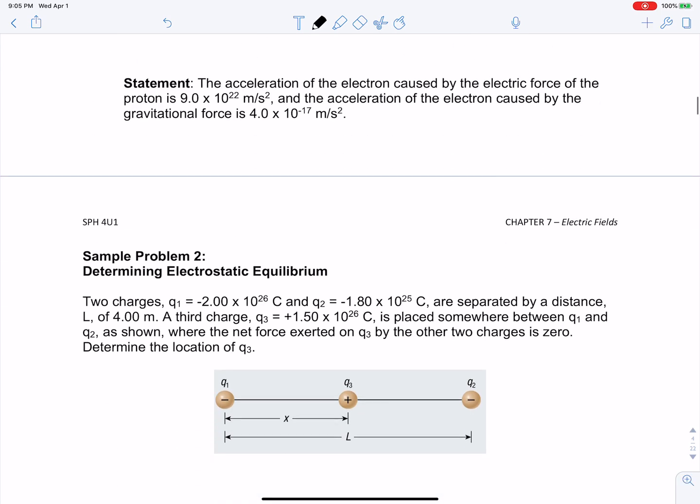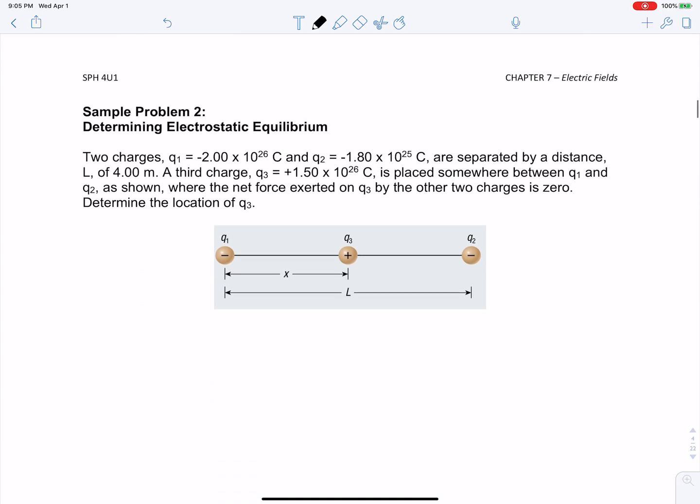Okay. In sample problem number 2, we have a test charge, Q3, which is balanced in between Q1 and Q2. Q3 is positive, and Q1 is negative, and Q2 is also negative. So this charge Q3 is in equilibrium.